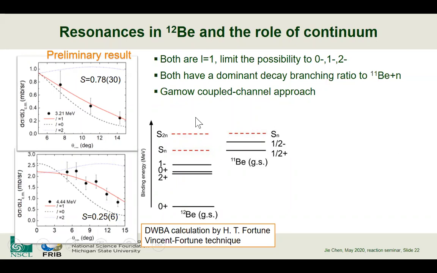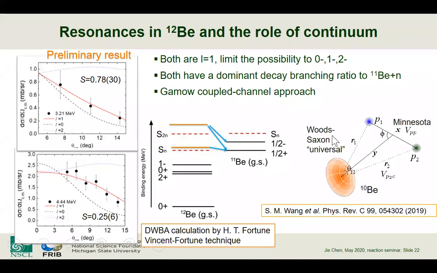So these 2 states, as I show you here, have a dominant branching ratio to beryllium-11 plus 1 neutron. So in order to look at the coupling to continuum effect and include it in the calculation, Simin Wang carried out this Gamow coupled channel approach calculation for the beryllium-12 system.